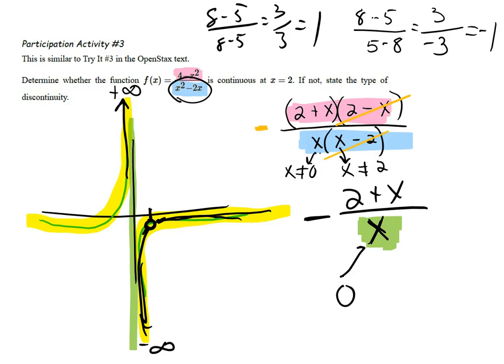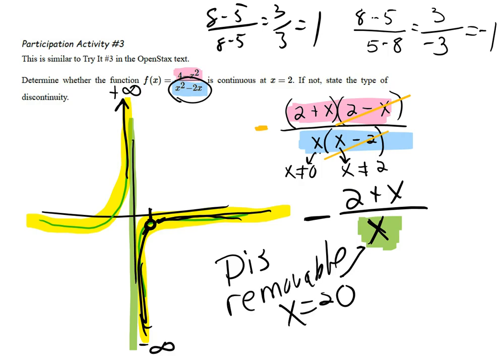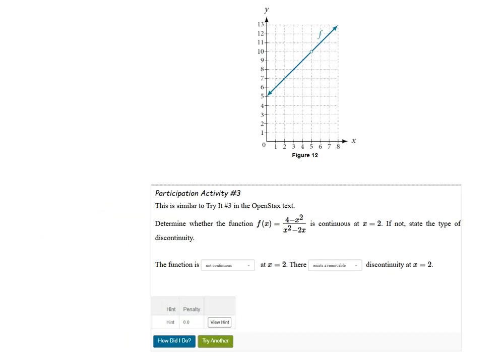So that is discontinuous because of a removable value at x equals 2. Let me go back to Mobius and see what it shows me. Okay, you got a drop down box.